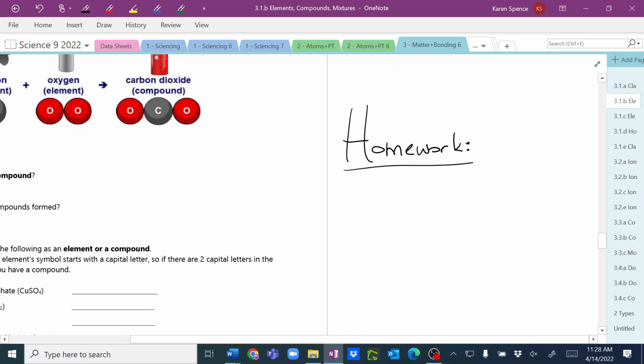Okay, so we have pages 9 to 12 and you are also going to do page 21, 22.